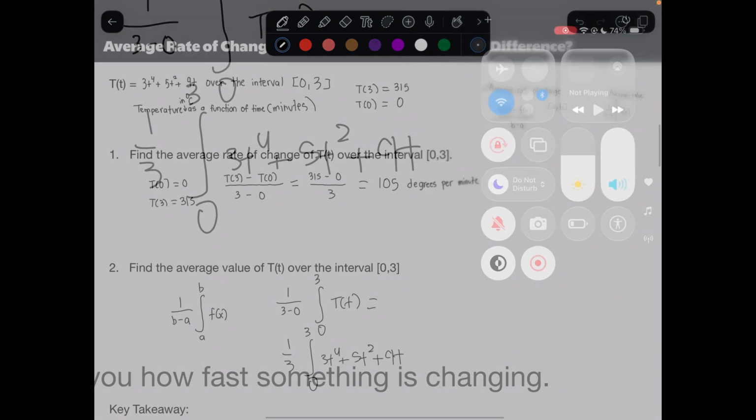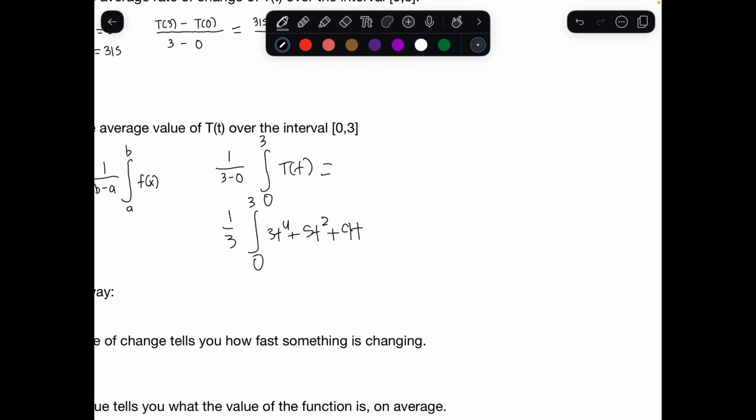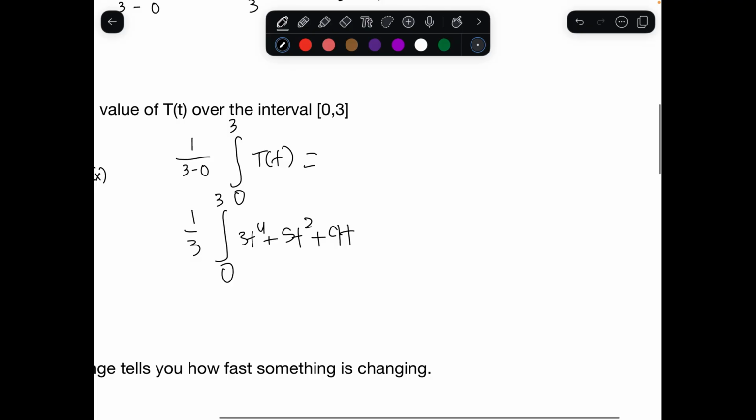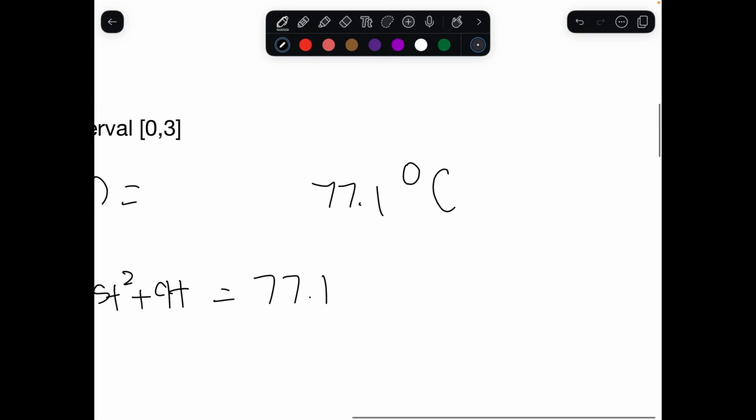I'm not going to show the steps for solving the problem, but I'm going to get to the answer because I would like to explain the concept of average value in this video. So this eventually ends up being 77.1, and the units of this would be 77.1 degrees Celsius.